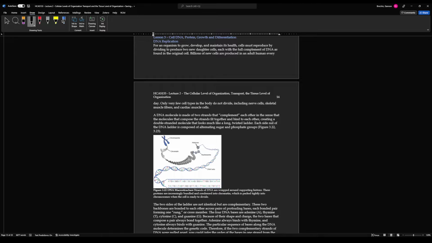Now, it is possible for nerve cells to divide. It is incredibly rare and not reliable for any practical means currently. We can make it happen, but only in the laboratory environment.